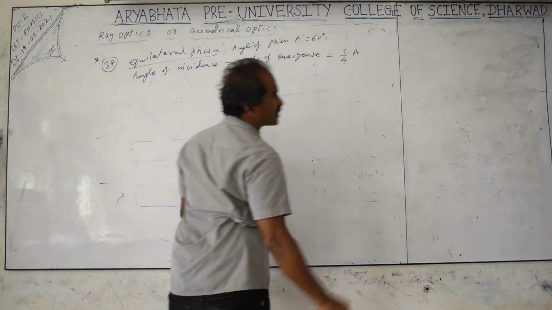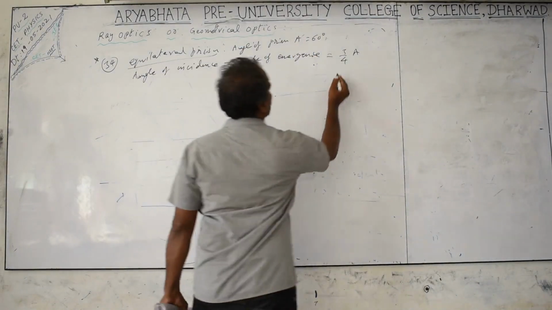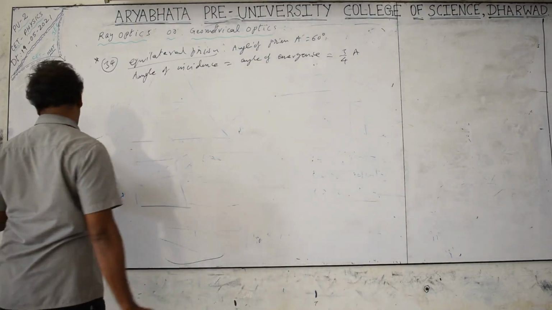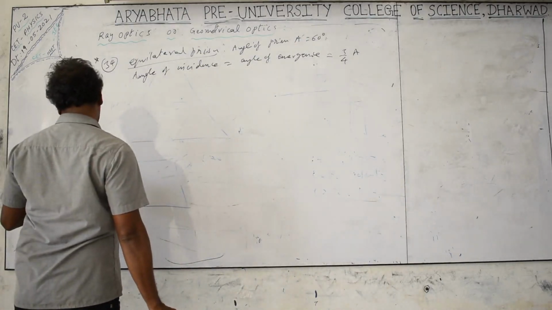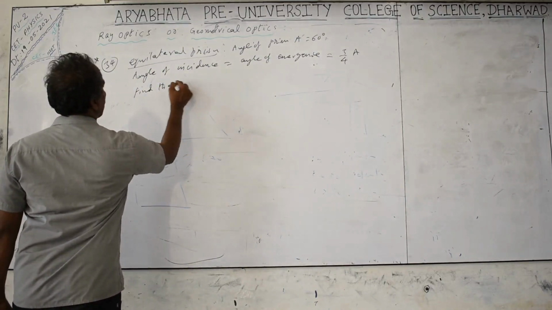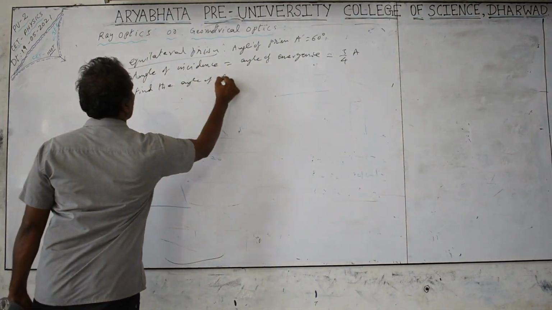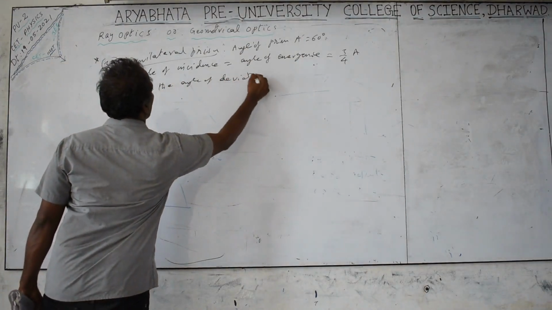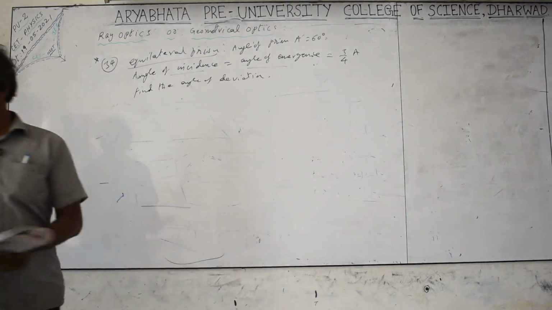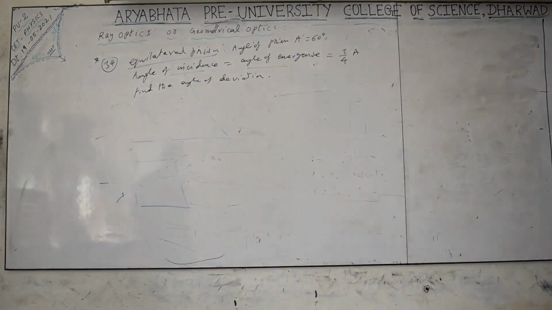So 3/4 of A becomes equal to 45 degrees. You are asked to find the angle of deviation. Whenever the angle of incidence becomes equal to the angle of emergence, that condition is for the minimum deviation position.